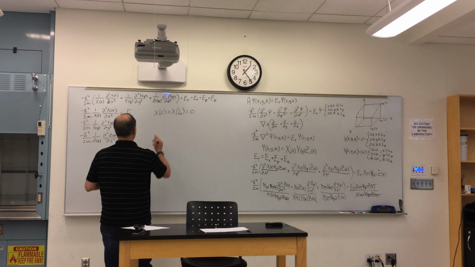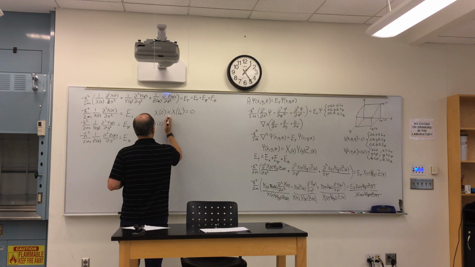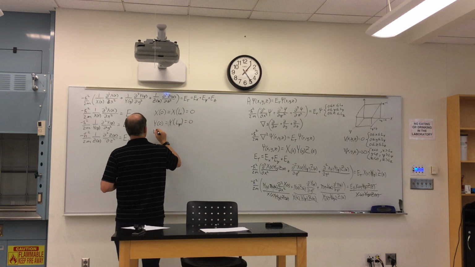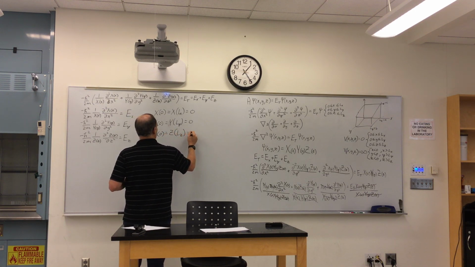The same thing applies for our Y's. Y of 0 is also the same thing as Y at L of Y at 0, and then Z at 0 equals Z at L equals 0.